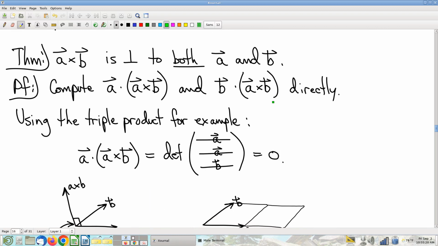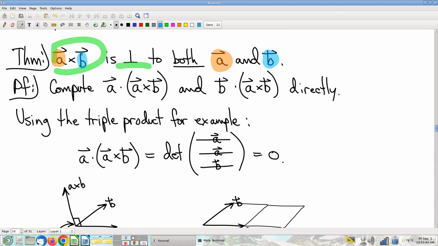Now again, here's where I'm going to start skipping proofs. Just facts, though, that you need to know about cross products. The cross product is always orthogonal to both of the input vectors. It's orthogonal to the vector on the left, and it's orthogonal to the vector on the right. Neat fact.